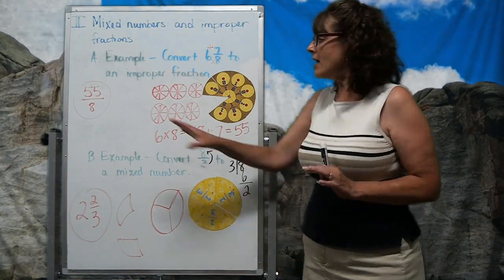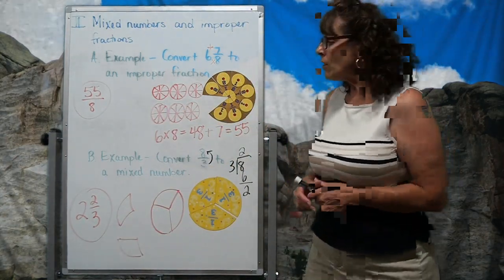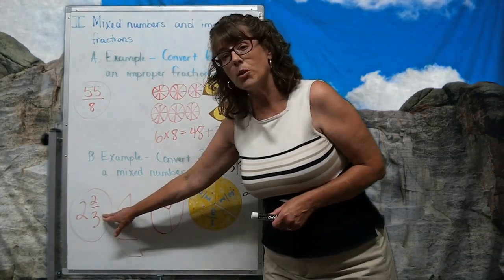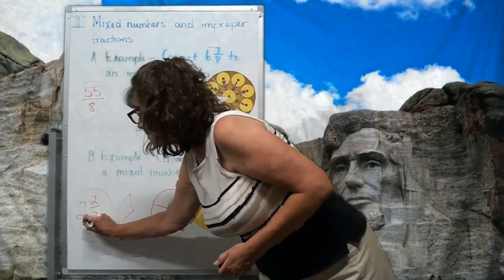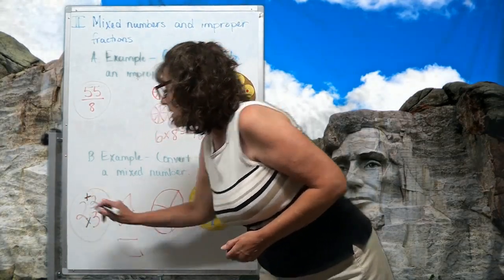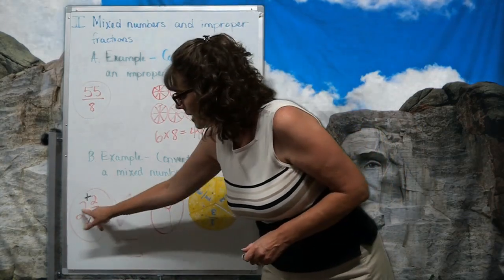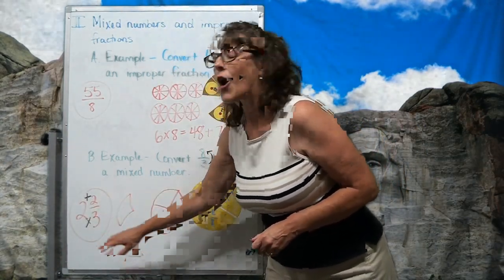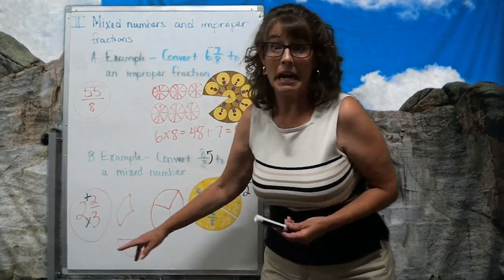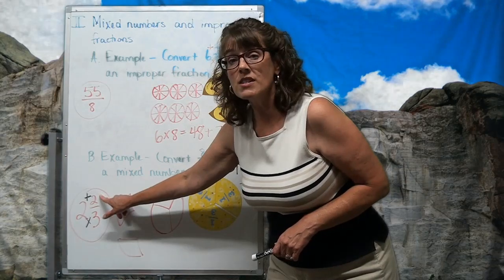So now let's take our answers that we have here and let's review these concepts one more time. Remember, if I want to convert from a mixed number into an improper fraction, we said the process is multiply here, add here. That was the process that we discovered. So if we multiply here, 2 times 3 gives us 6. 6 plus 2 gives us 8.